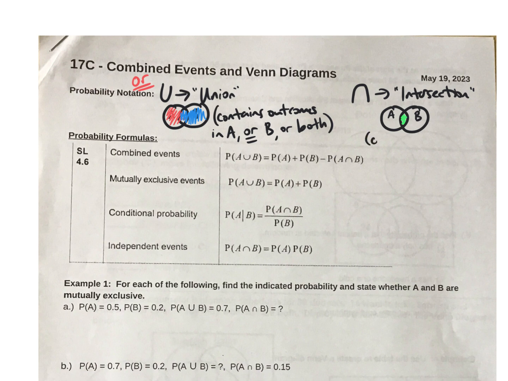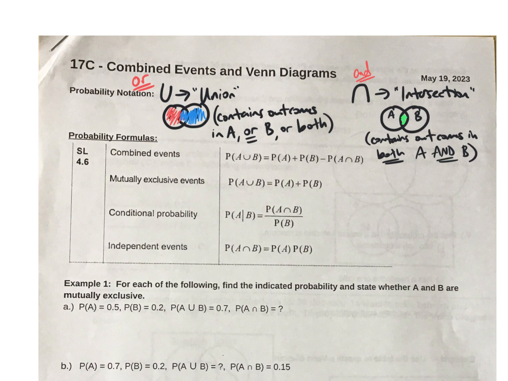So it contains outcomes in both A and B. So you specifically want to look for the word and when we're talking about the intersection.